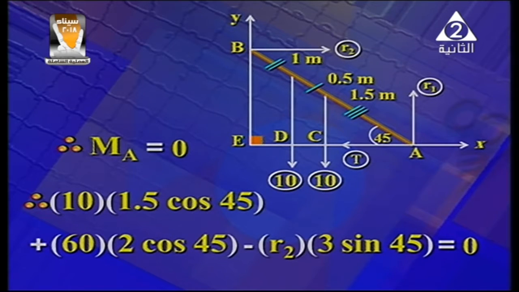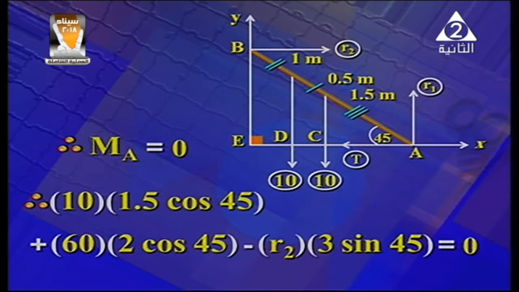Why? Because we have two downward forces, 10 and 60. The distance between the 10 and point A equals 1.5 cosine 45. The distance between the 60 and point A, the length AD, equals 2 cosine 45.